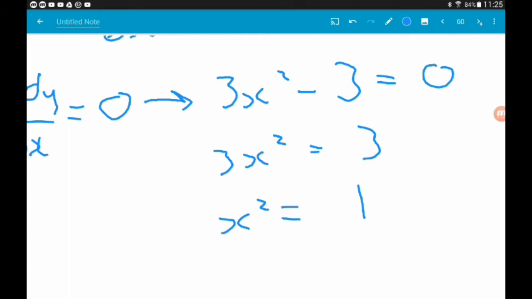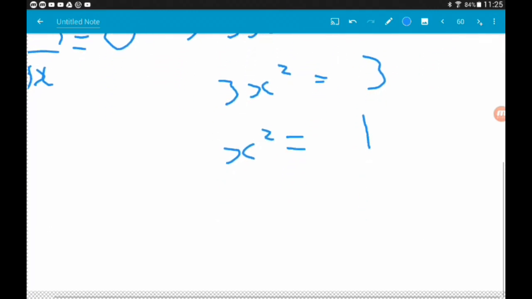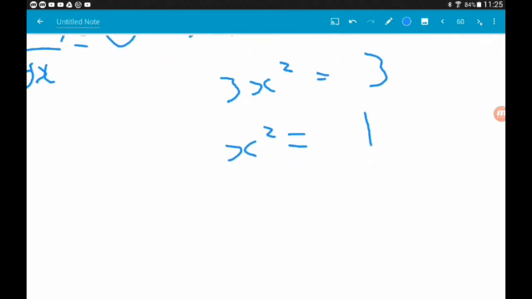Now be very careful here. When we square root, we get x is equal to plus or minus 1. So we've got two stationary points here. One where x is minus 1 and one where x is positive 1.